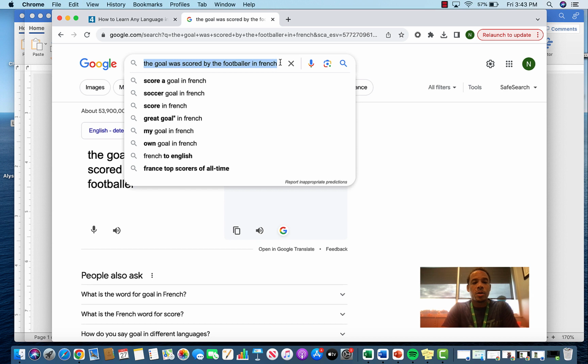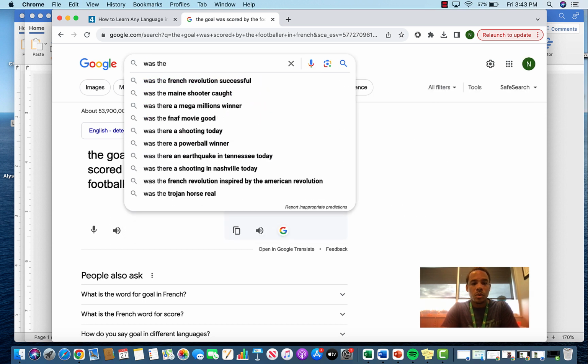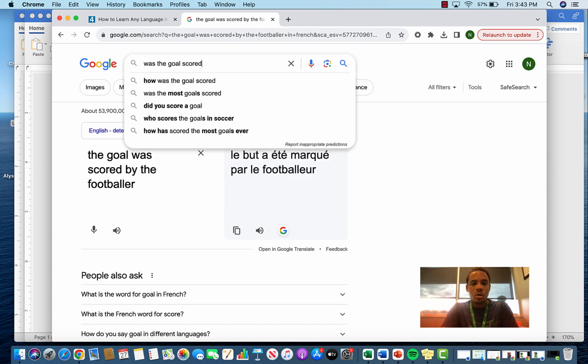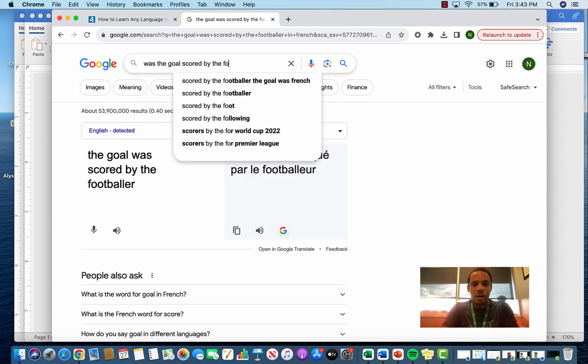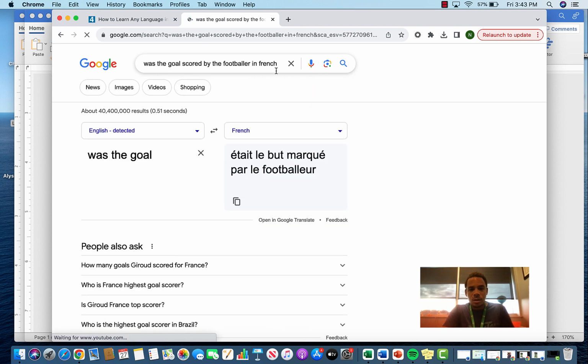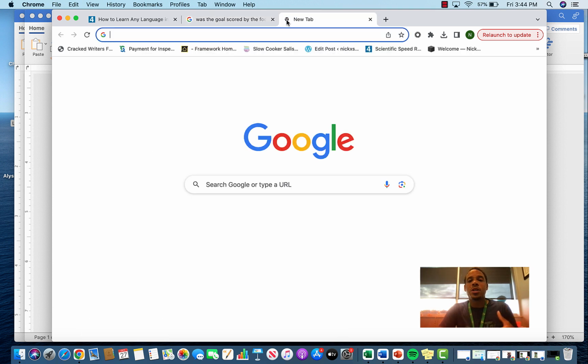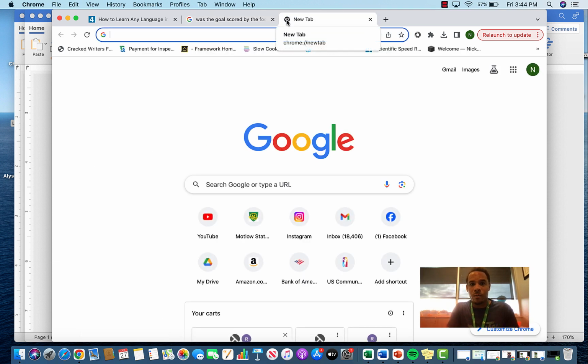And then you would also write, "was the goal scored by the footballer" in French? And so we would get the different verb and sentence forms, and then what we would also need is images to go along with those forms.